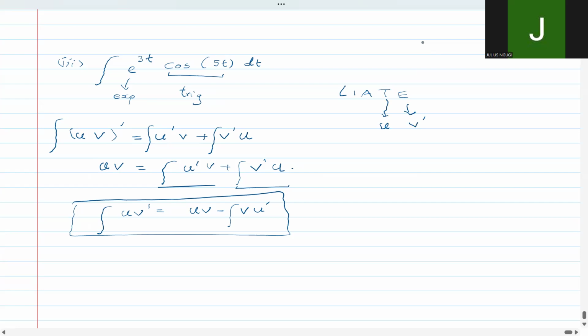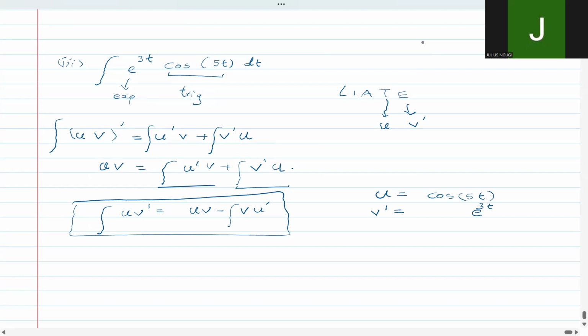So my u in this question, which is the trigonometric function, is cosine of 5t. And my v prime is equal to exponential to the power of 3t. So let's find, because we need on the right-hand side of this formula a u prime and a v.